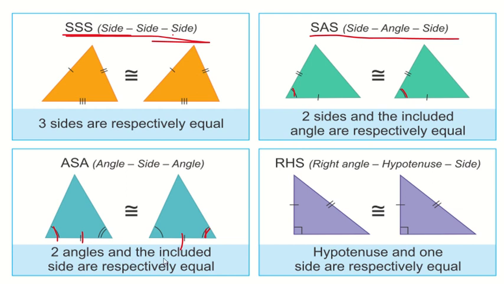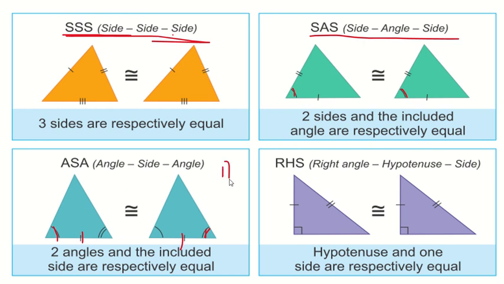Two angles and the included side are respectively equal. That is ASA. Then you will have RHS, right angle hypotenuse side.